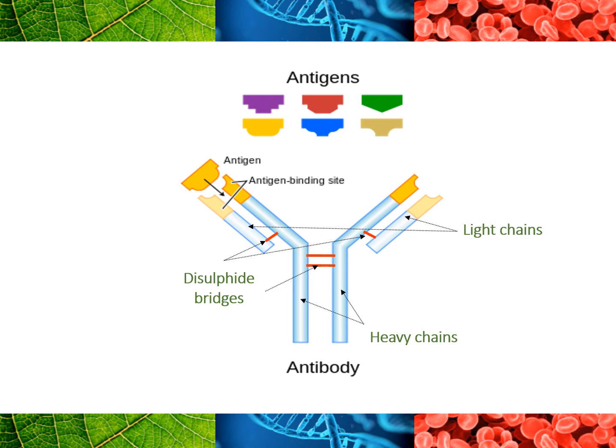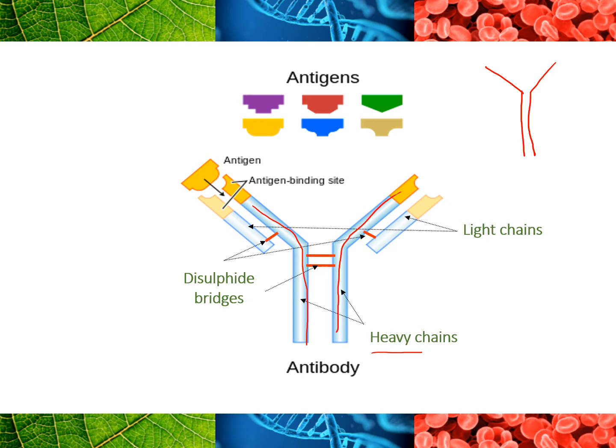This might look a little bit complex, but if we break it down, antibodies, like I said before, have 4 polypeptide chains. So if you're going to draw one, you can start by drawing a big Y, which is this bit here. That big Y consists of what we call heavy chains. They're the longer chains.